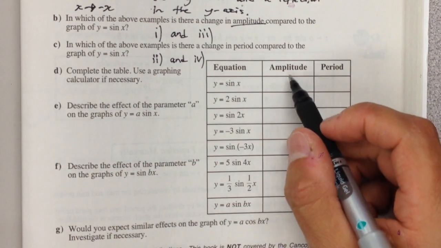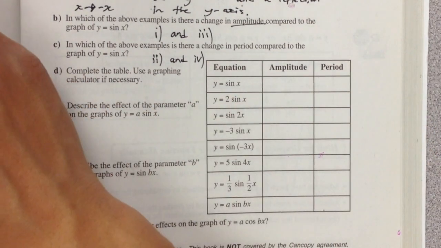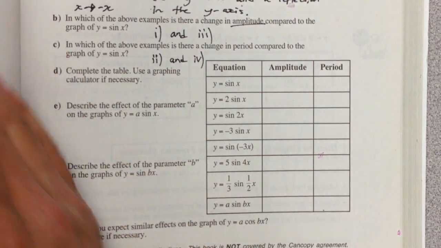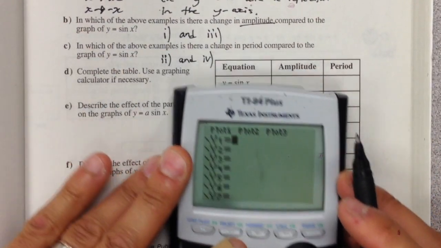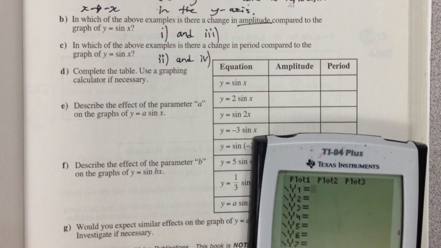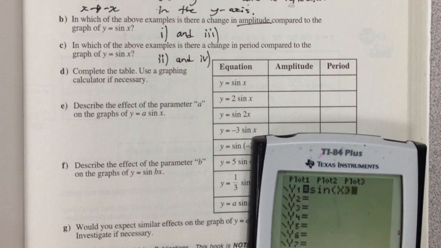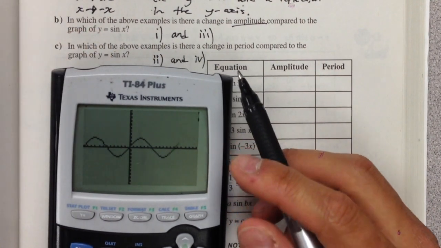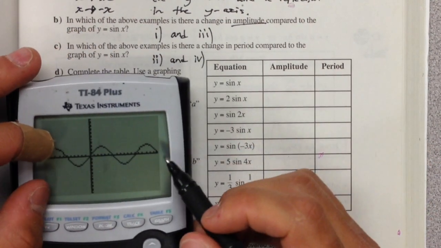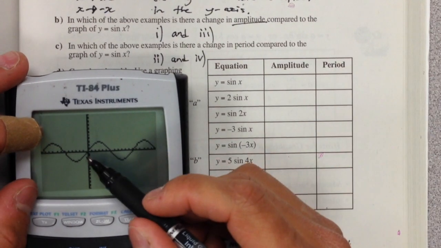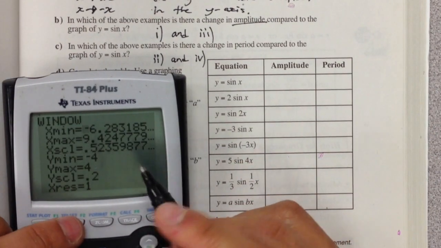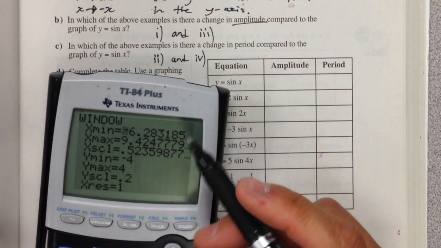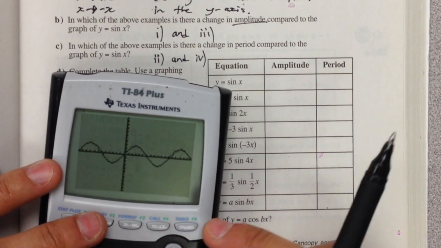Now what we need to do is complete the table here. It says to use the graphing calculator. So sine x, first of all. Graph sine x. The period here, if I look at my window settings, is 2 pi, and that's 360 degrees. That's my x min and my x max, 4 pi.